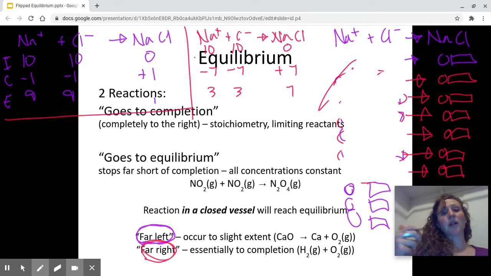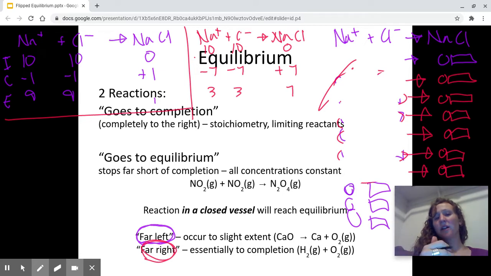The equilibrium lies to the right. Now, the right side of my paper is the products. And so what that's saying is I have more products than I have reactants left. Okay, so if I'm at far right, my reaction has essentially gone to completion. Far right would be almost no reactants left, all products. This would be the cookie scenario, right?